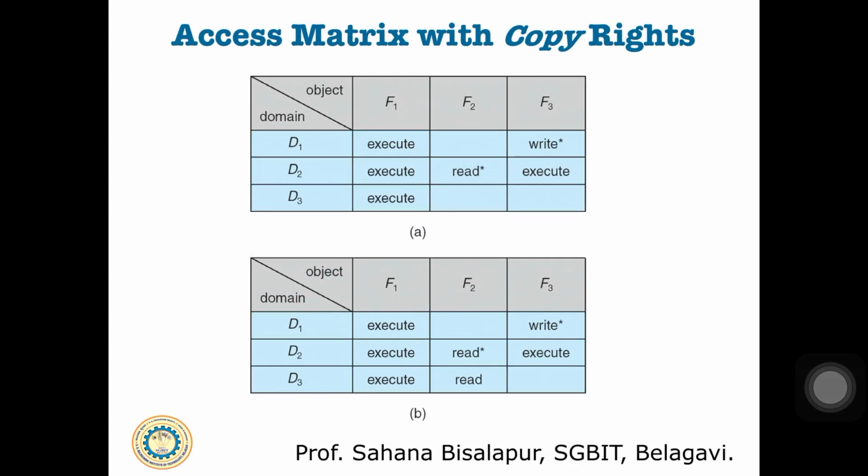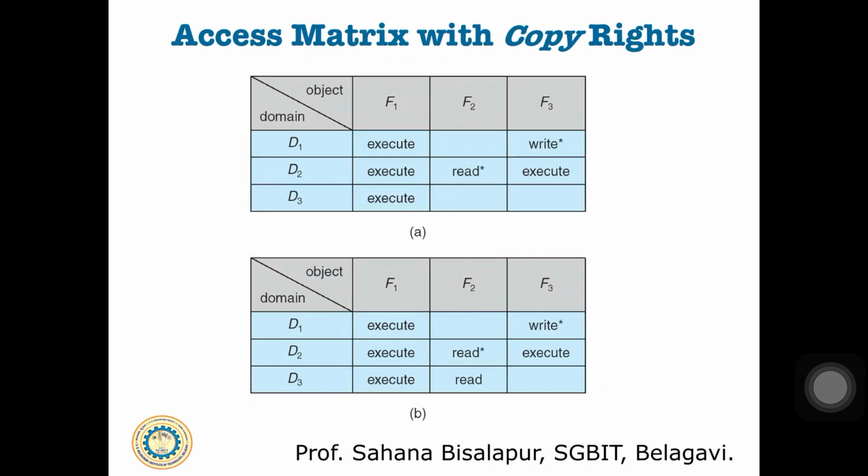Here the copy right allows the access right to be copied only within the column for which the right is defined. That means you can't shift it throughout the rows, you can only change it among the same column. Consider an example from the figure. A process executing in domain D2 can copy the read operation into any entry associated with file F2.